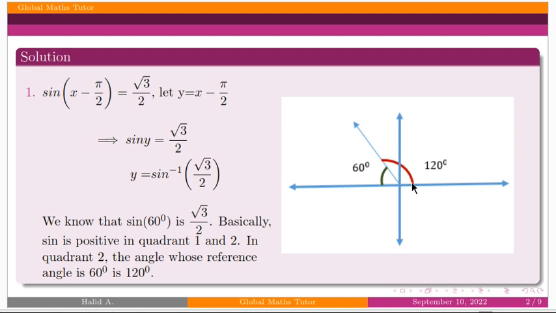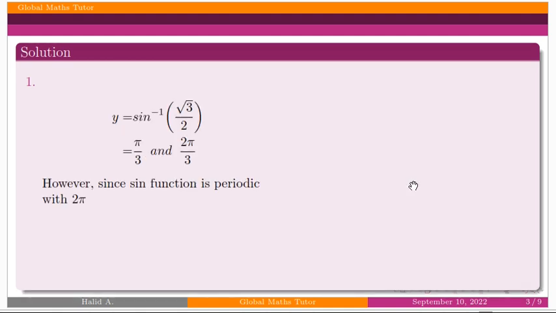Thus y equal to sine inverse of root 3 over 2 will have two solutions in one full cycle, which are 60 degrees in quadrant 1 and 120 degrees in quadrant 2. Changing this value to radians, it gives pi over 3 and 2 pi over 3.